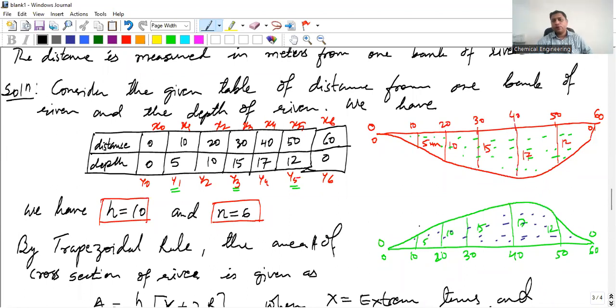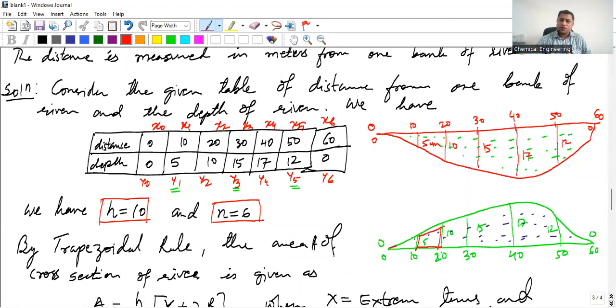Actually, we are approximating this by the trapezium. You can see this is a parallel line, and this is going to be a trapezium. That's why the first rule is called the trapezoidal rule.